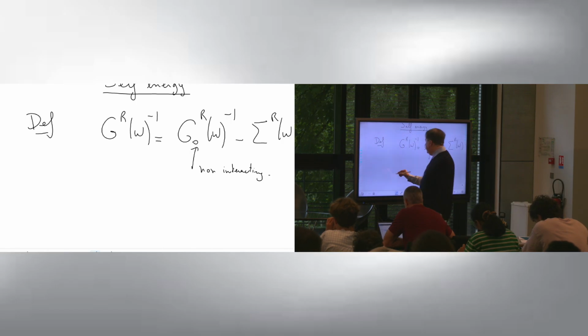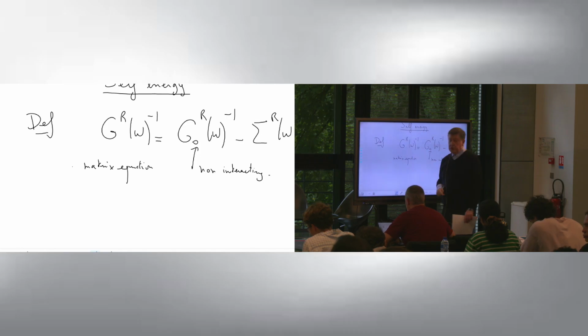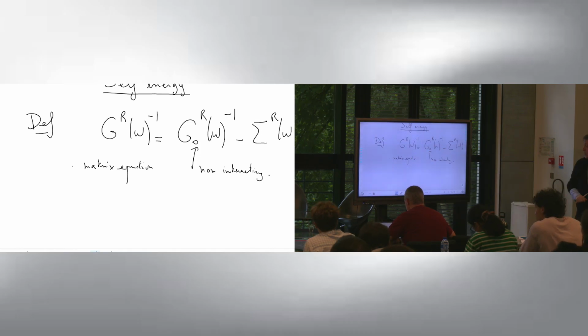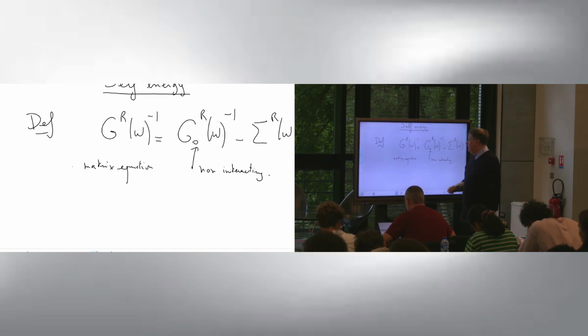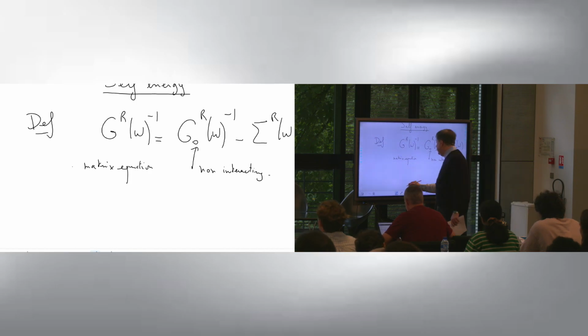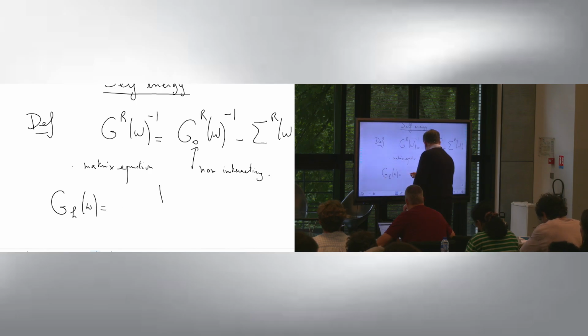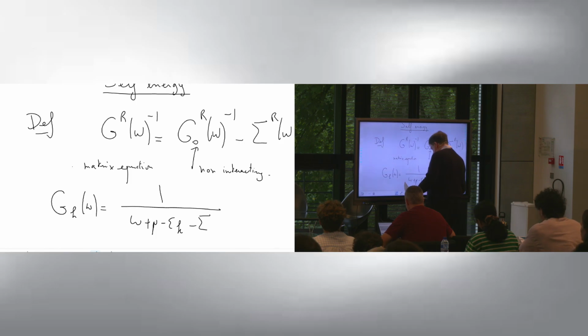In general, this equation is a matrix equation, because G is a function of AB, c dagger A, c B, so it's a matrix equation. Of course, in a translation invariant space, it's just a function of k, it's diagonal in k, but that's the definition of the self-energy. So in a translation invariant system, we'll have G_k of omega equal to 1 over omega plus mu minus epsilon k minus sigma k retarded of omega.